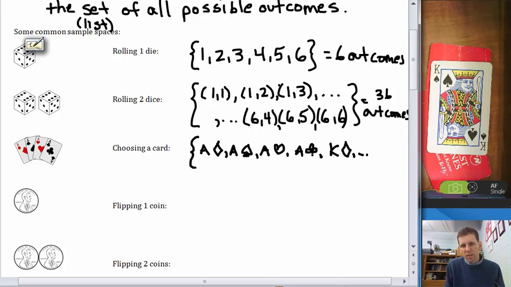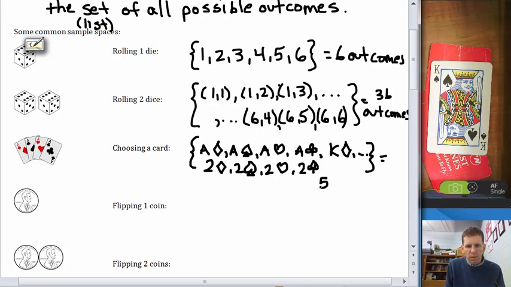King of Spades, King of Hearts, King of Clubs, Queens, Jacks, 10s, 9, 8, 7, 6, 5, 4, 3, all the way down to 2. So I might show that last set, the 2 of Diamonds, 2 of Spades, 2 of Hearts, and 2 of Clubs. And altogether, there were 52 outcomes. This is usually from a standard deck. If you're including the jokers, you'd have more outcomes, obviously.